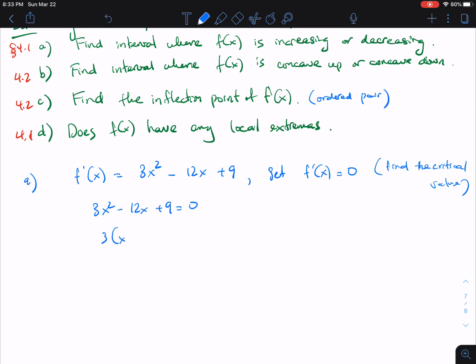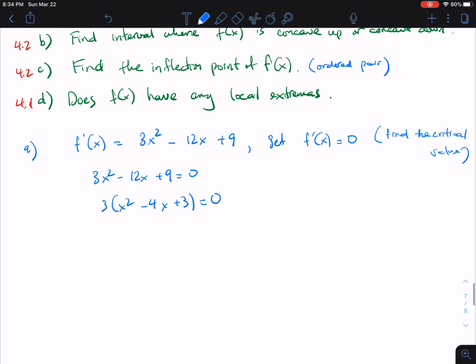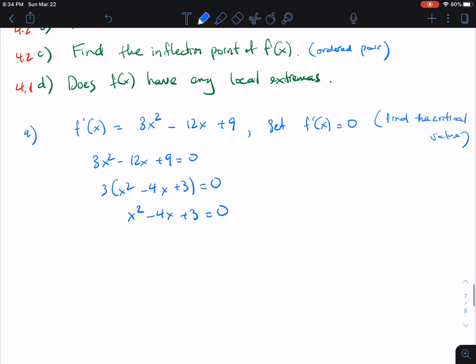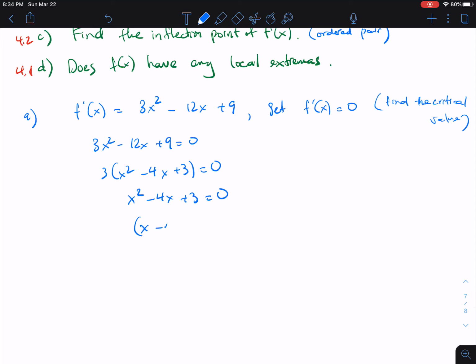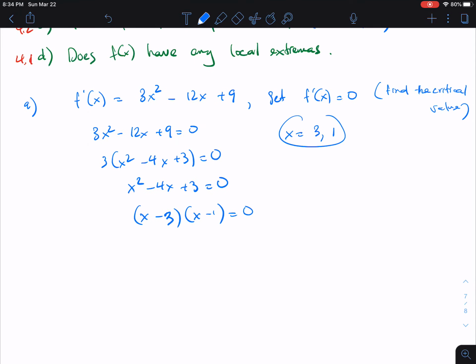Factor out 3, and divide by 3, we get x squared minus 4x plus 3 equals 0. Factor that, and it gives us x minus 3 times x minus 1. Therefore, the critical values are 3 and 1.